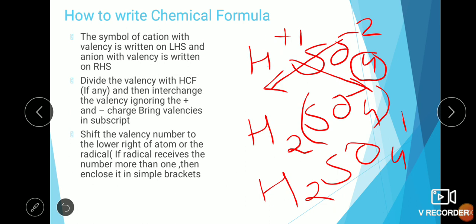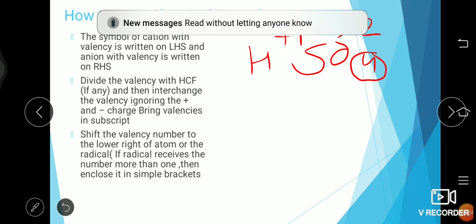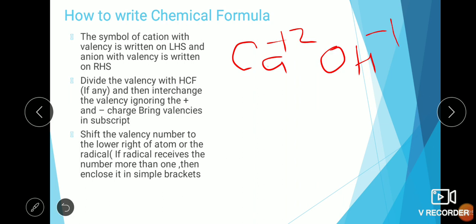Now let's take one more example to understand this. My next compound whose chemical formula I want to derive is calcium hydroxide. Now from the word itself you are able to recognize what I am talking about. Calcium is Ca plus 2, and hydroxide is OH minus 1.